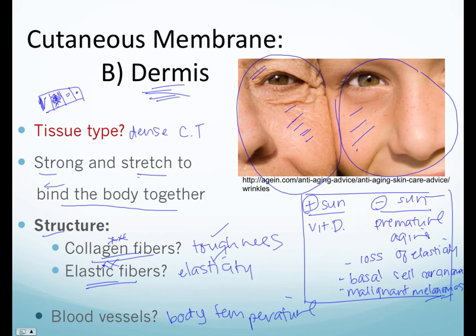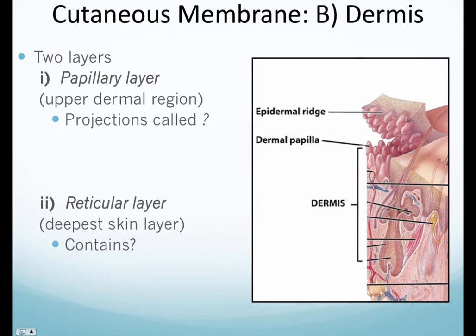Melanomas deal with your melanocytes, and basal cell carcinomas are cancer of those basal cells. And once again, why is that going to be bad? Well, uncontrolled cellular growth, and it can extend into your blood vessels and travel to the rest of your body, so you can have metastasis.